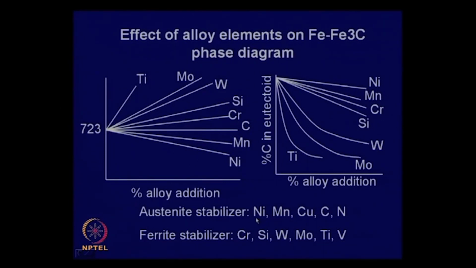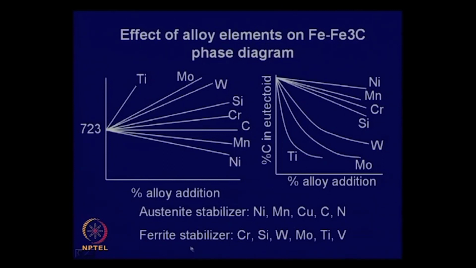So, whenever you go and buy stainless steel, you check it with a magnet. That says that either it has a high amount of nickel or manganese, that makes the austenite, which is normally stable in plain carbon steel at very high temperature, become stable even at room temperature.